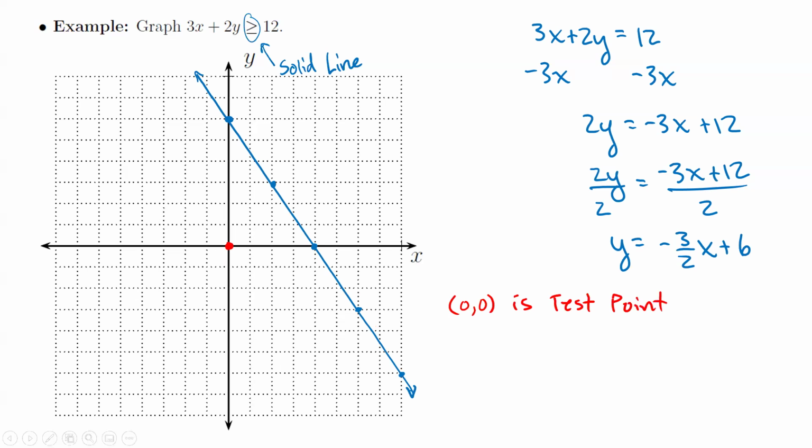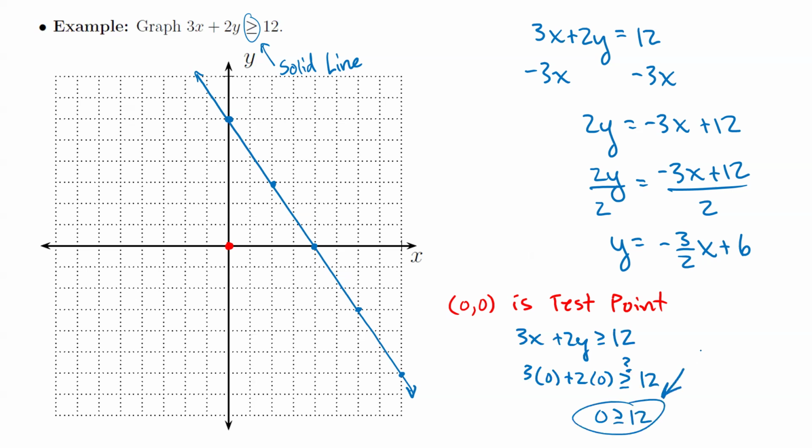So going back to the original, 3x plus 2y is greater than or equal to 12. So 3 times 0 plus 2 times 0. Does that make this a true statement? 0 greater than or equal to 12? No, that is once again false, right? And so that means don't shade on the side with the red dot, shade on the other side.